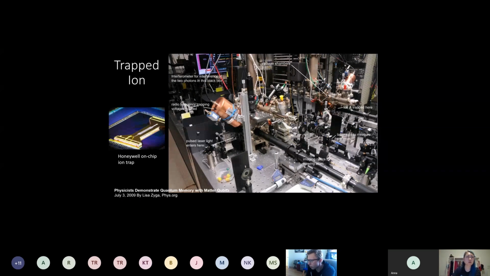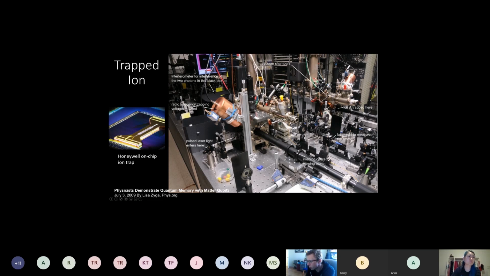But recently, just in the past couple of years, there has been a lot of effort in the industry that really started to scale these things down in terms of complexity and size. Now you can build chip structures that have ion traps built on chip.